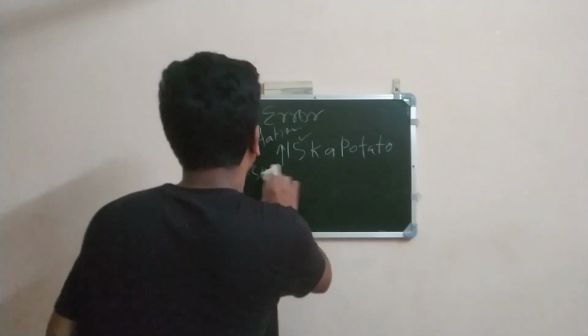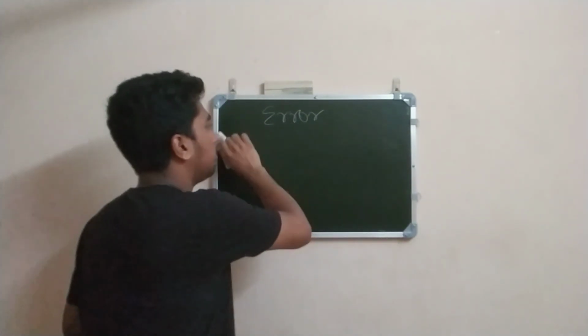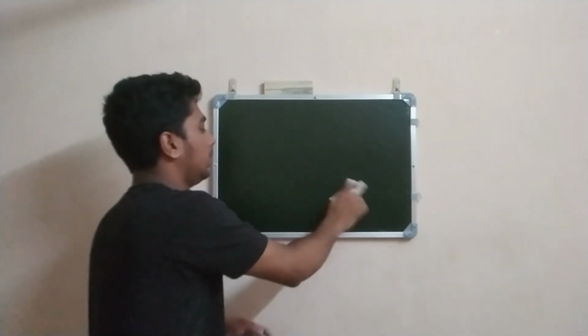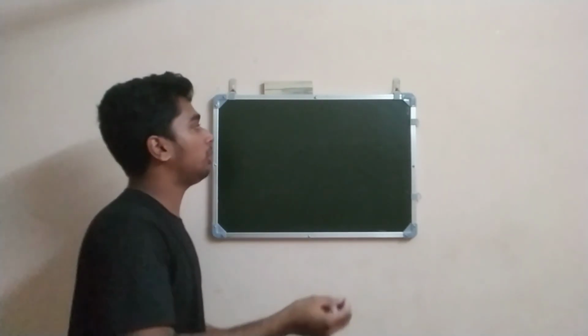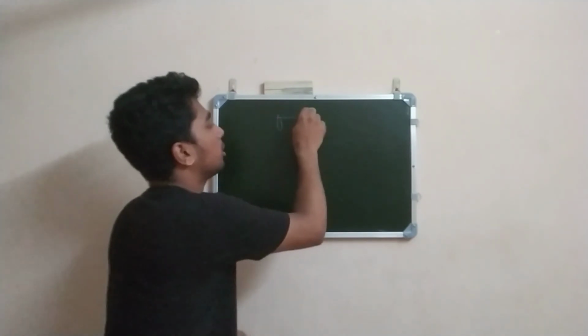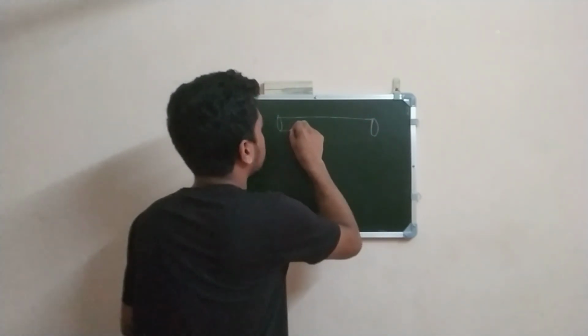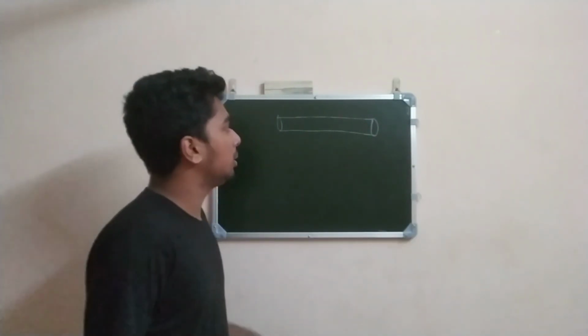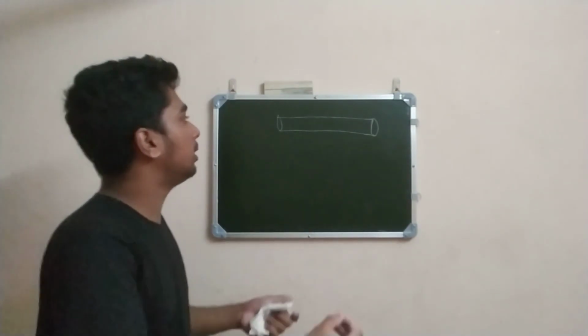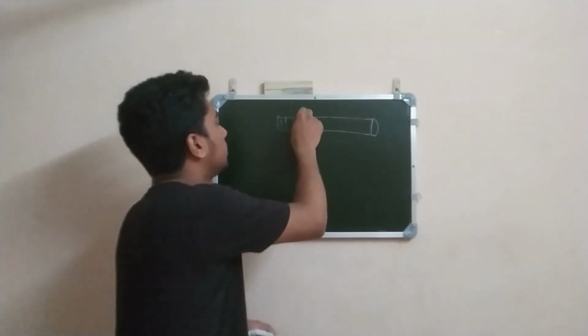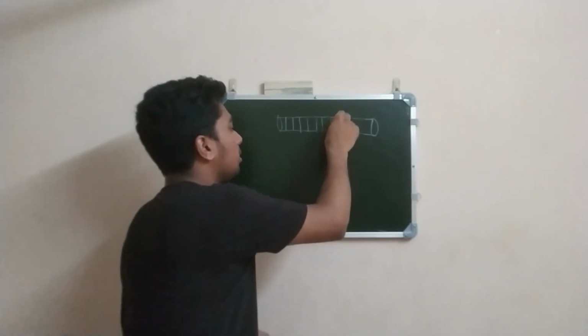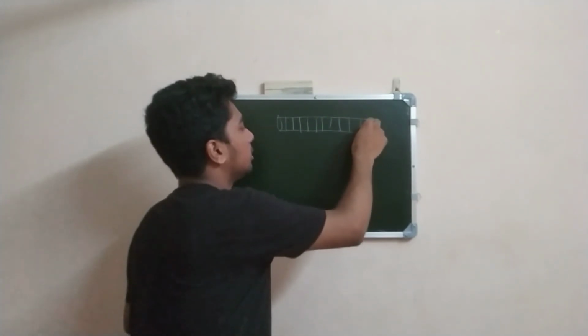So let us use another example. Suppose you want to measure the diameter of a rod. This is my rod. But in this figure you can see that its diameter is not uniform.